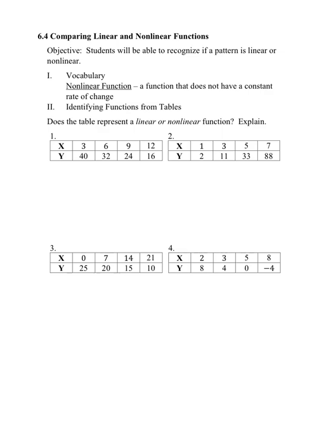So if we were looking at number 1 here, and we want to determine, is this a linear function or not? I have to see, does it have a constant rate of change? So when you're looking at your x values, is it changing at a constant rate? So plus 3, plus 3, plus 3, and you're looking at your y values. This is minus 8, minus 8, minus 8.